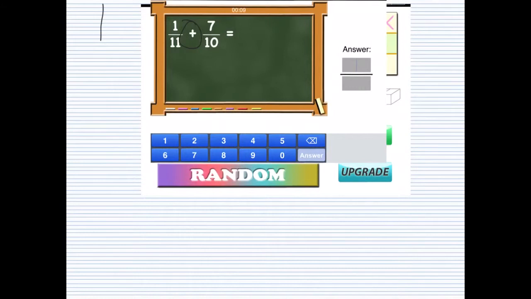But throughout the whole random tab, it won't just be adding. It can be adding, subtracting, multiplying, or dividing. So the students don't know which one they will get until they get the answer right from the question before. As I've said in every other slide, the students can see their answer to the right, and they also have the keyboard down below.